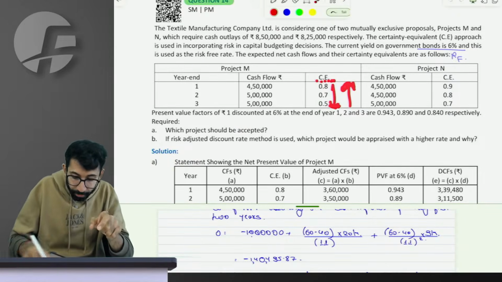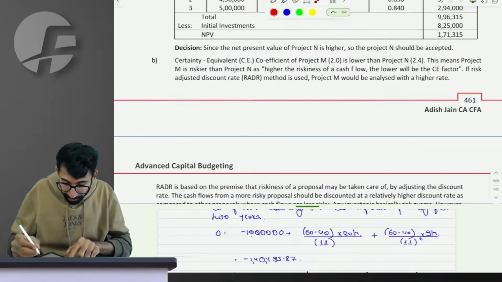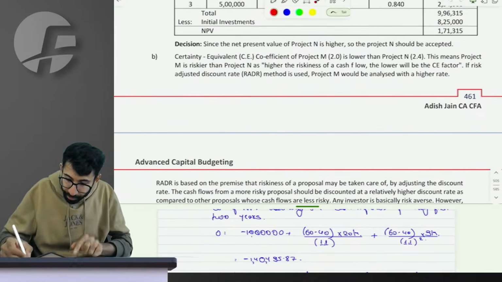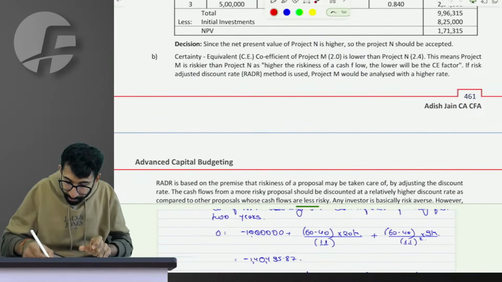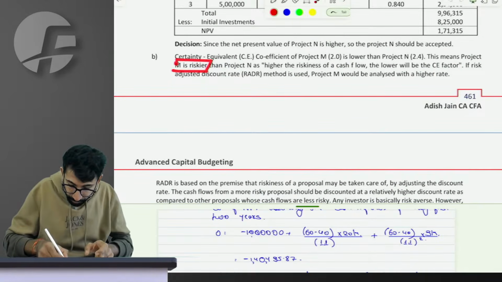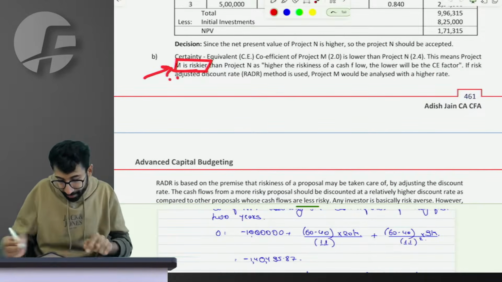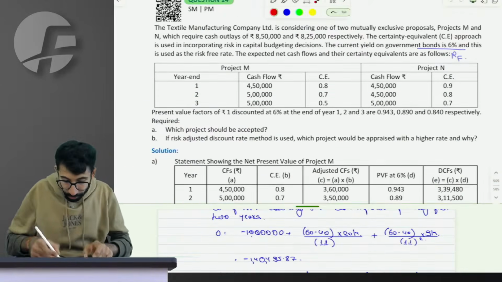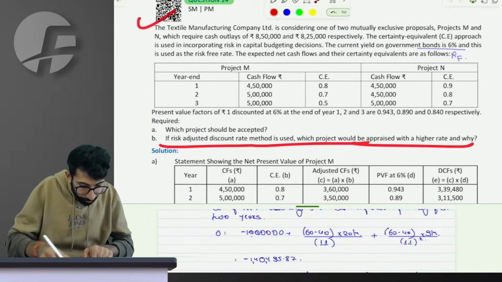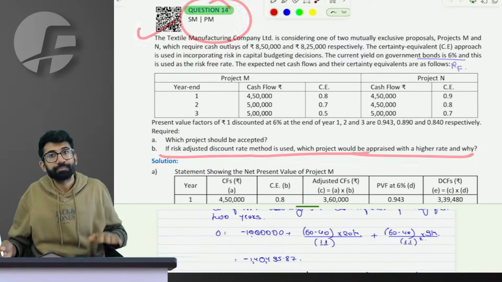More risk means a higher discounting rate. Project M would be discounted at a higher rate because it has a higher risk. That is what you will have to say to the examiner in the 14th question part B.